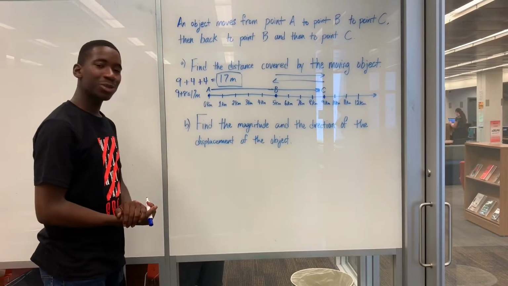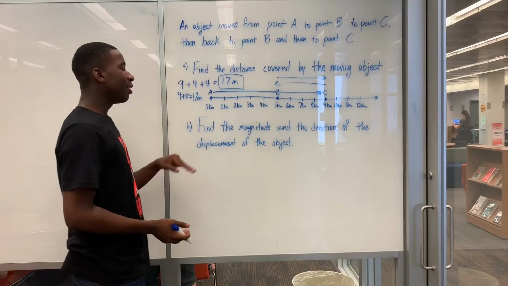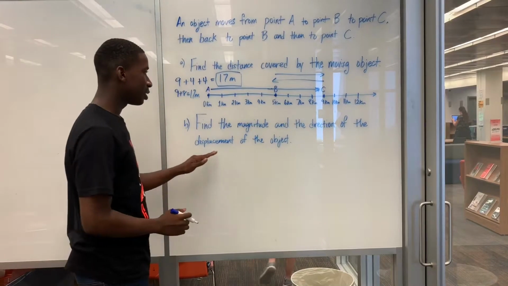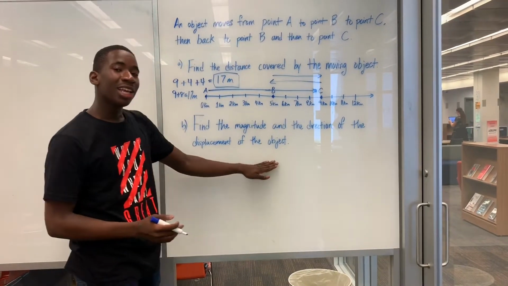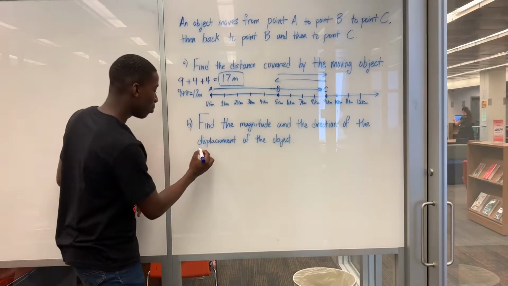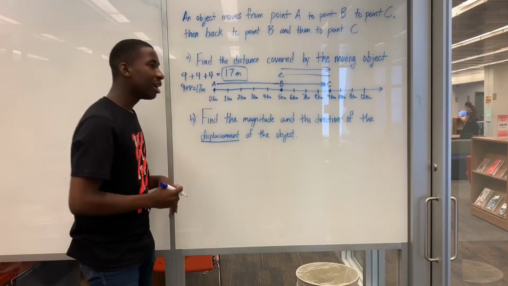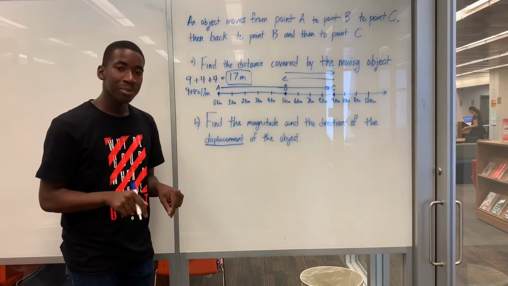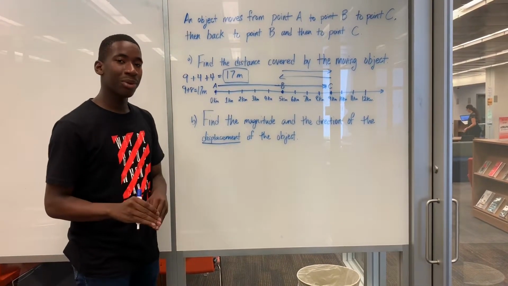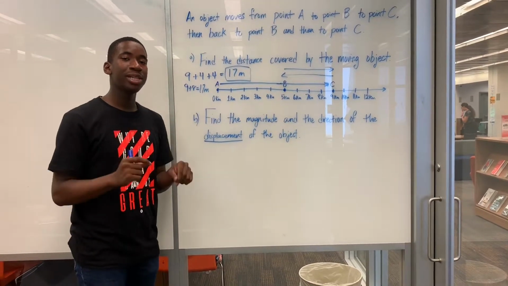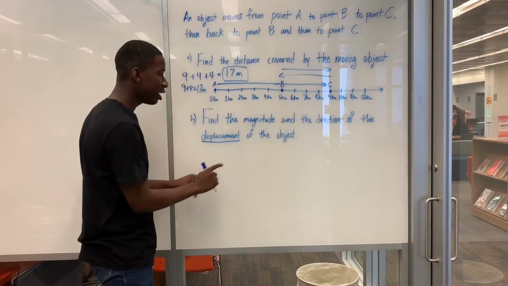All right, now let's go on to part B. Find the magnitude and the direction of the displacement of the object. Now, if you guys recall earlier, one of our key terms was displacement. Displacement is the distance from the starting point to the ending point. It doesn't matter what you did in the middle. Displacement is only concerned with your start and your finish.